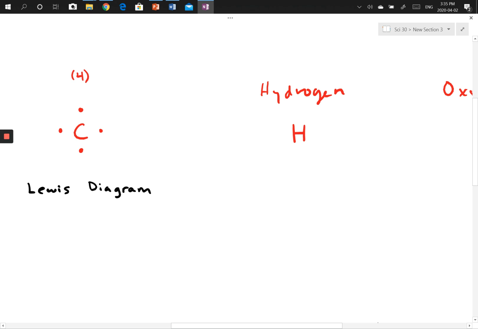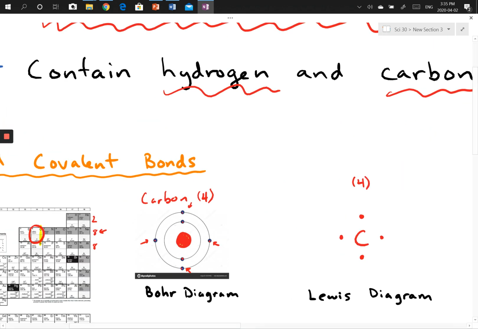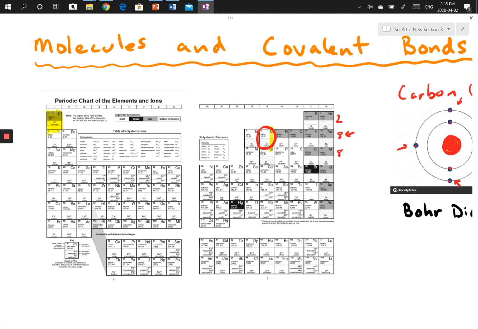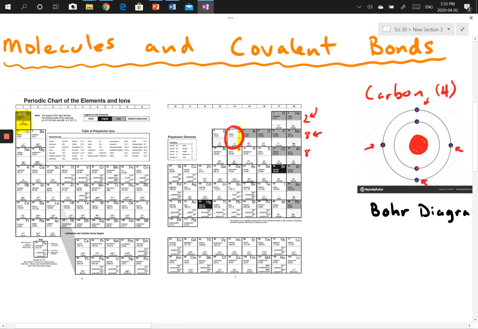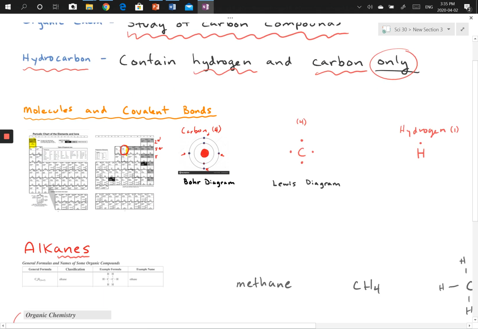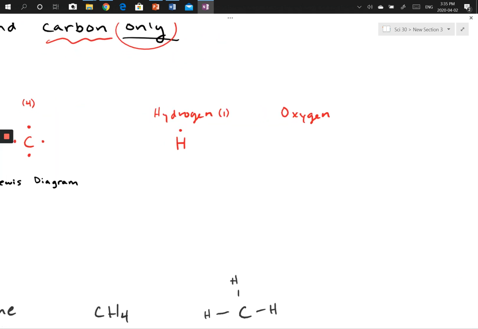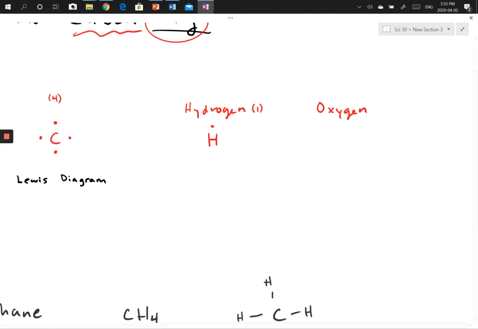It has an H and then 1 valence electron. So hydrogen actually only wants to make 1 bond because hydrogen, as we know, is in that first row, that first period on the periodic table, and it only wants 2 electrons to be content. So hydrogen wants to make 1 bond.